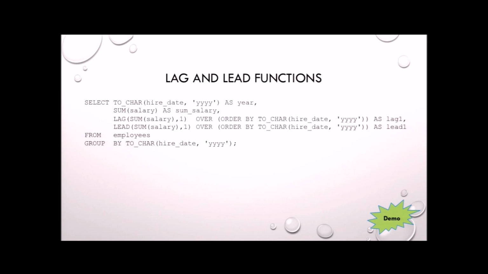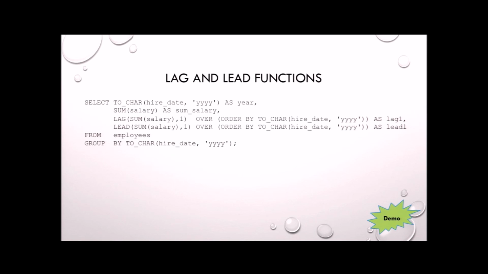Going back to the group by at the bottom, does that only apply to the sum of salary, not to the lag and lead? It applies to this sum of salary right here, and then we're using that to say, looking forward and backward, what do I want?